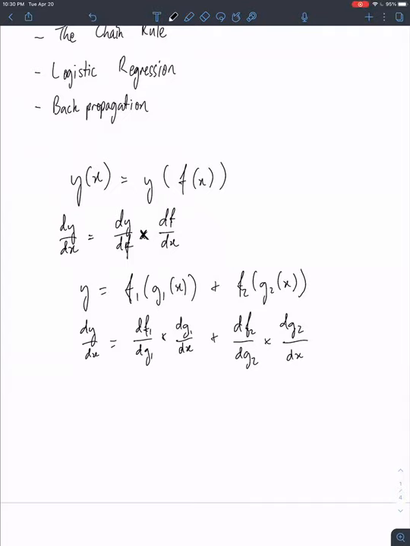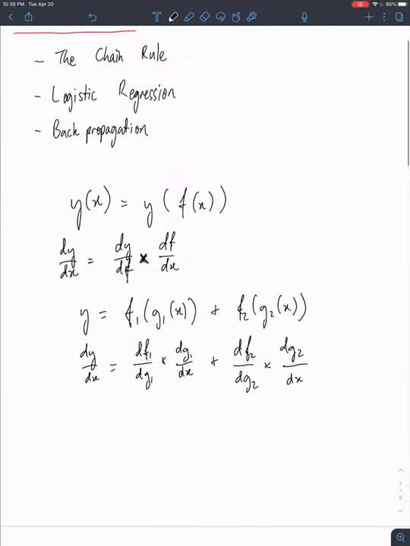And that makes sense, because you just calculate the two individual things and then you add them up. It's sort of like x can affect y by two paths, and you're adding over the multiple paths, if that makes any sense.